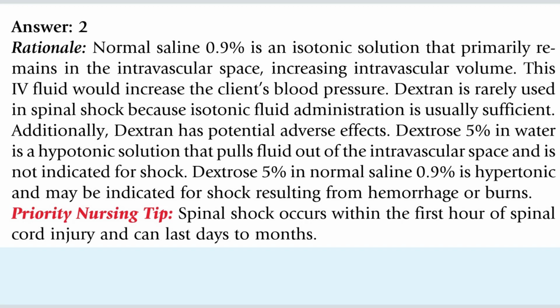Additionally, Dextran has potential adverse effects. Dextrose 5% in water is a hypotonic solution that pulls fluid out of the intravascular space and is not indicated for shock. Dextrose 5% in normal saline 0.9% is hypertonic and may be indicated for shock resulting from hemorrhage or burns.